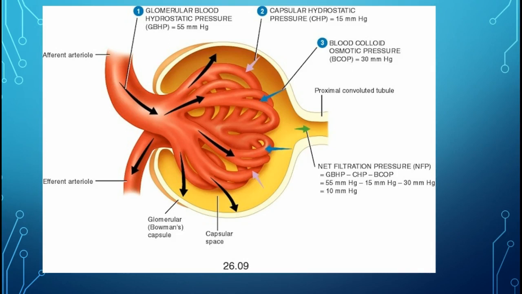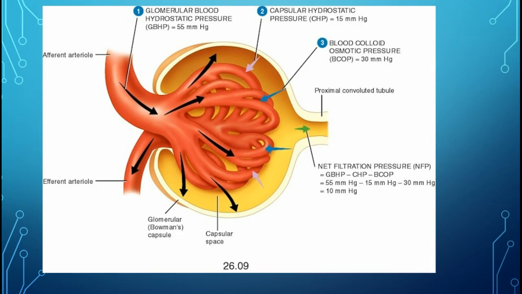Factors that are going to affect the rate at which the glomerulus filters. The first one is hydrostatic pressure, and that hydrostatic pressure is the pressure that is put in through the blood. So the rate at which the blood is coming in is also going to affect the rate at which the glomerulus can do this filtering. Another thing right along with that hydrostatic pressure is the amount of blood coming through the capillaries, the blood volume.